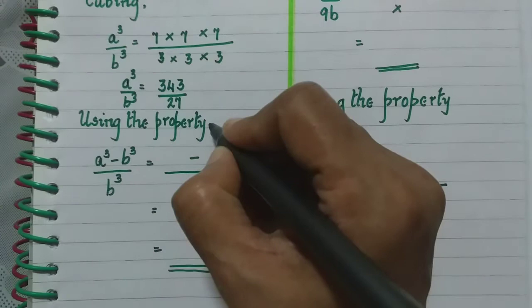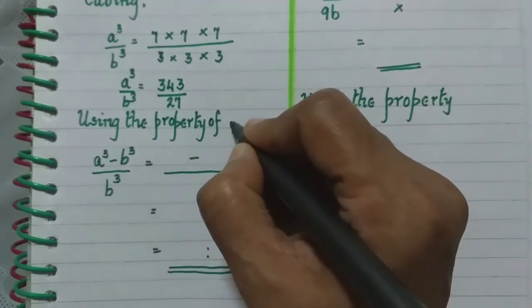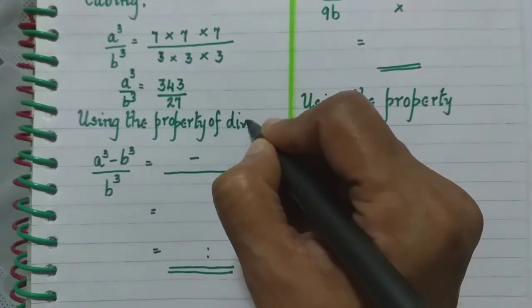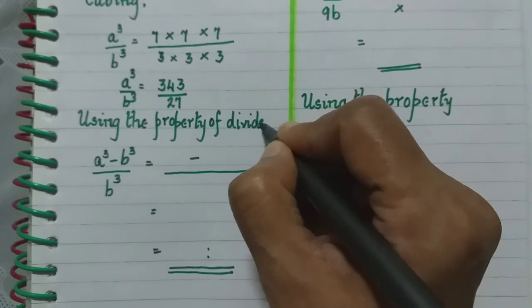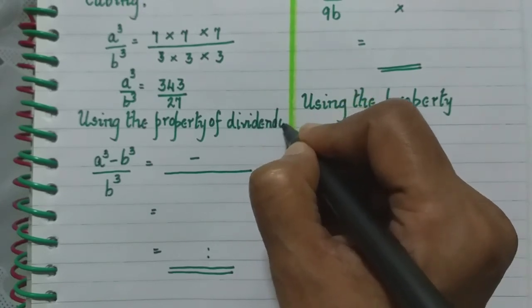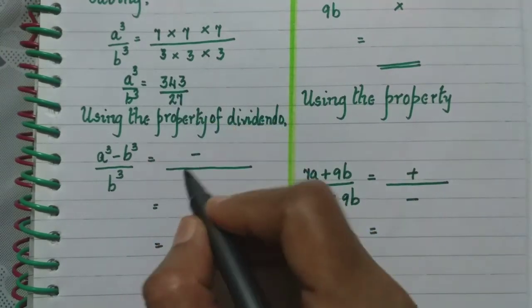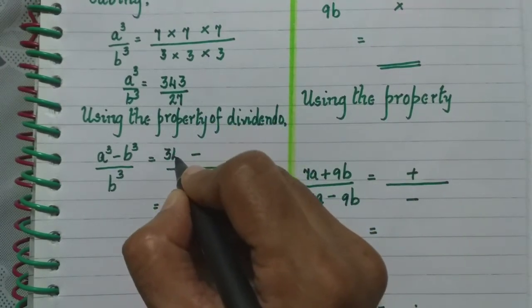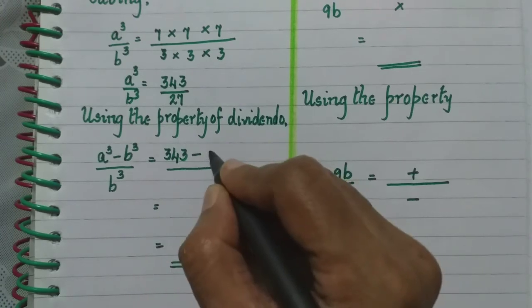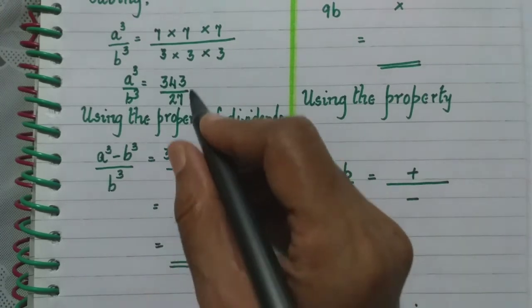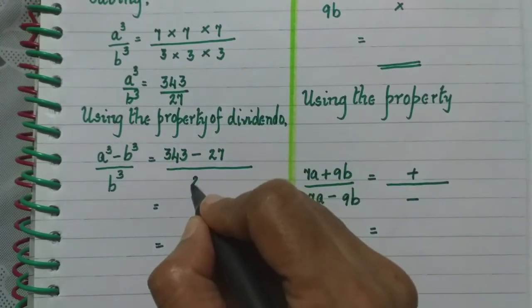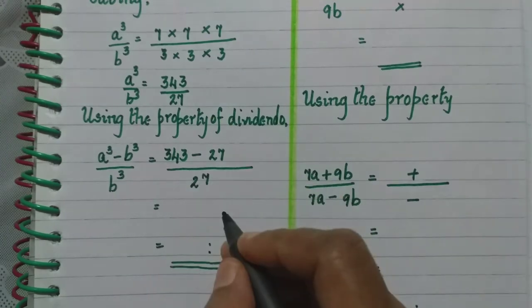So using the property of dividendo, a cube minus b cube upon b cube is equal to 343 minus 27 upon the denominator, 27.